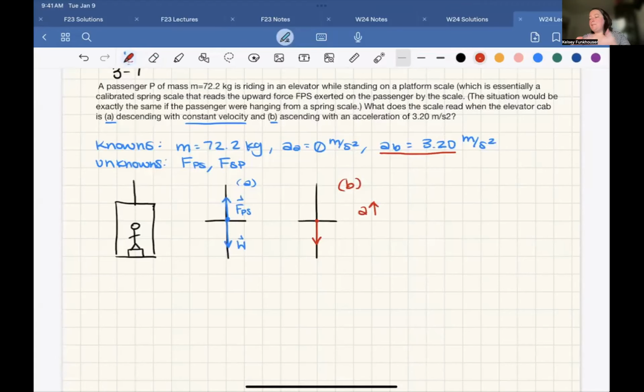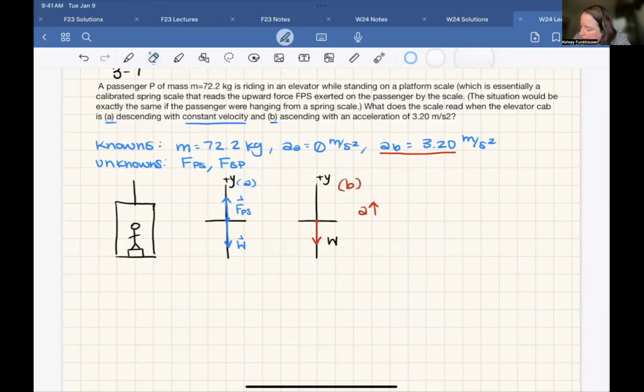So ascending means going up. So the velocity is in the positive y direction, which is this. And if the acceleration is also moving in that direction, that means it's positive. If, for example, it was traveling up and slowing down, then the acceleration would be negative, pointing in the opposite direction. So this is the weight force.